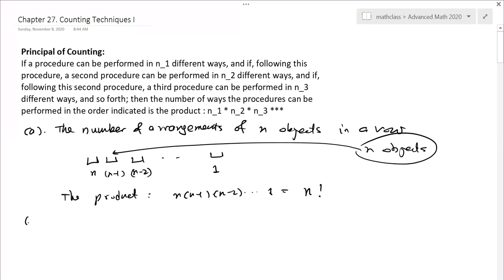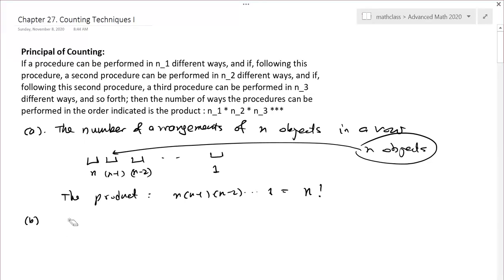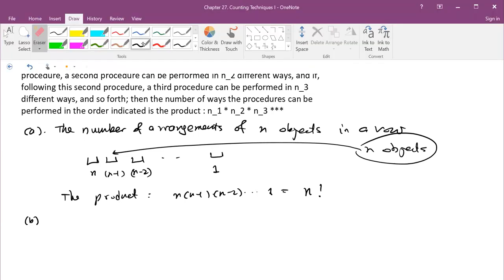Now, if you only select k objects, you stop, right? So the number of arrangements of k objects selected from a group of n objects and put in a row, how to figure out the number of arrangements?